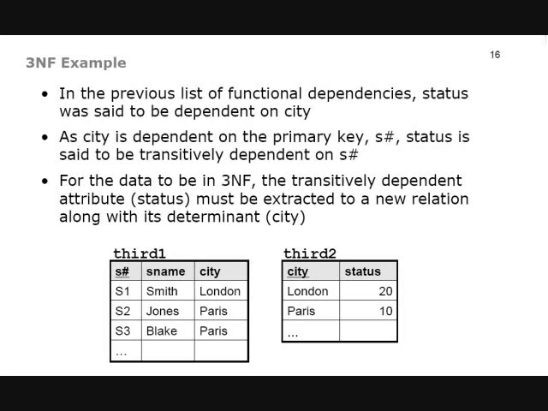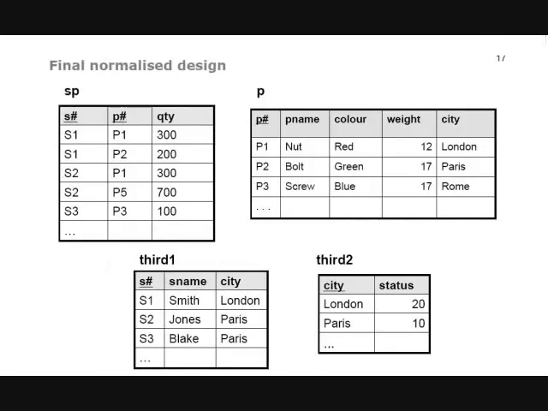Okay. So then my finalized design to third normal form is going to have the shipment table, which will have the S number, the P number, and the quantity, which I got from the second normal form. The P table, which stayed as it is because it's already in third normal form. There are no transitive dependencies there that we could identify.